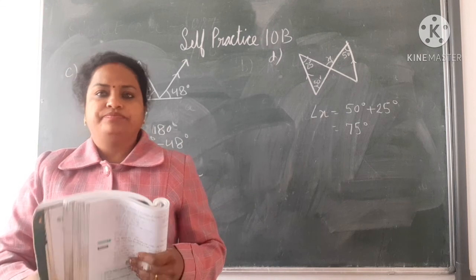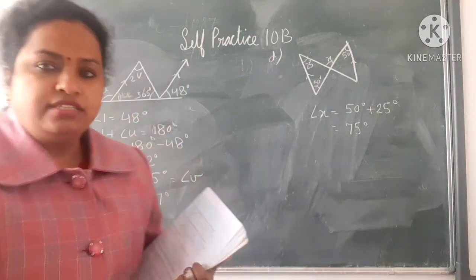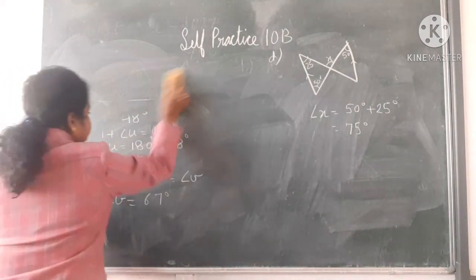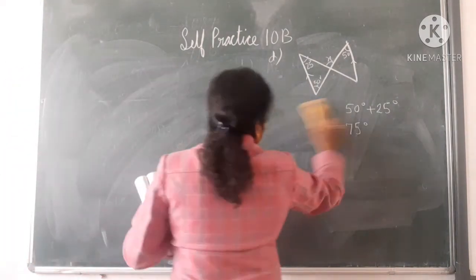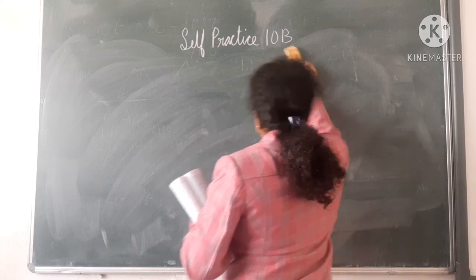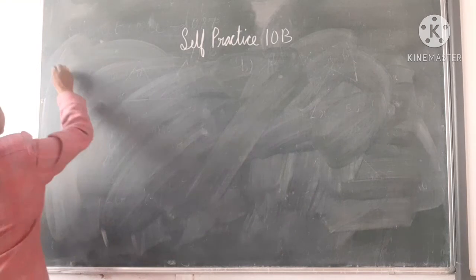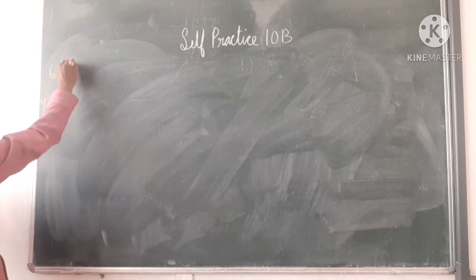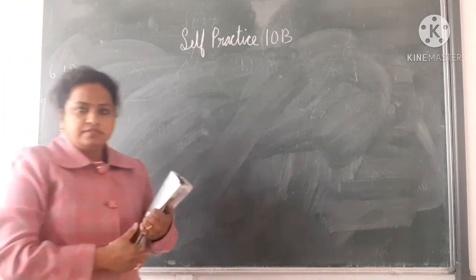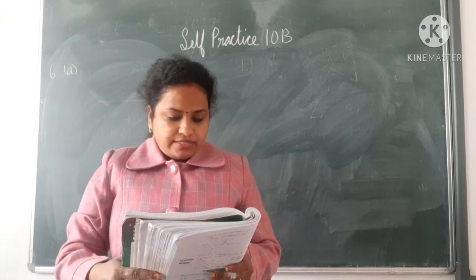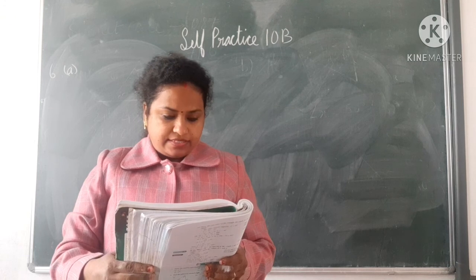Okay students, now see the last question, that is question number 6, part a. 72 degree is given, 4x is given, 5x is given.